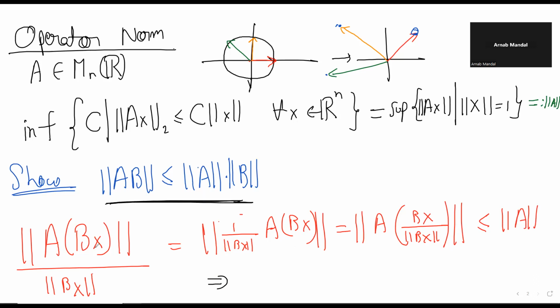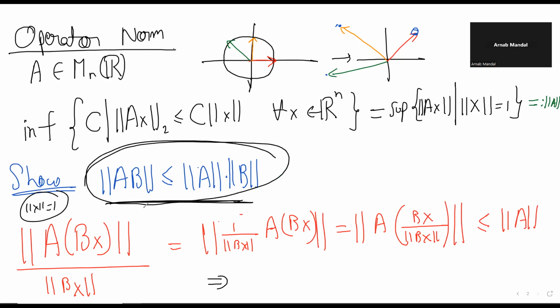Obviously take x to be norm x equal to 1. So I'll leave that. This is the sub-multiplicative property. There are a lot of things you get comfortable with in this domain.